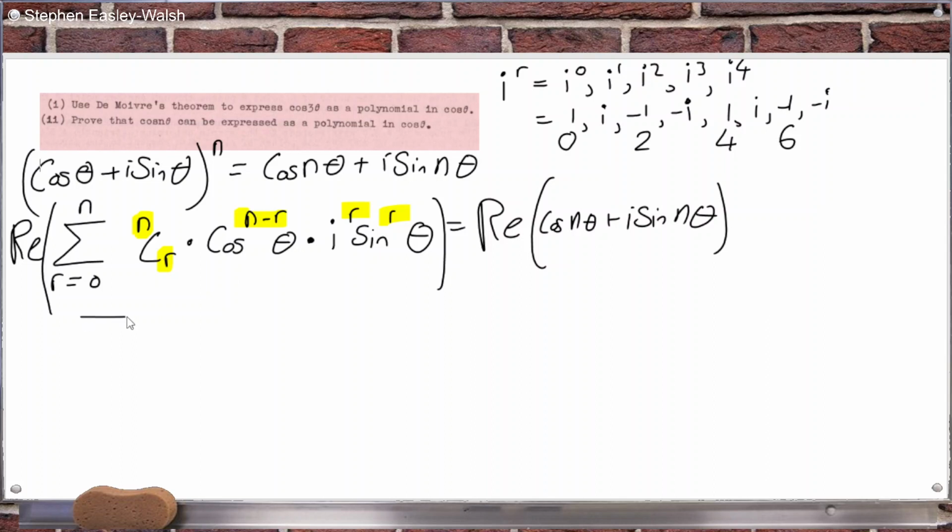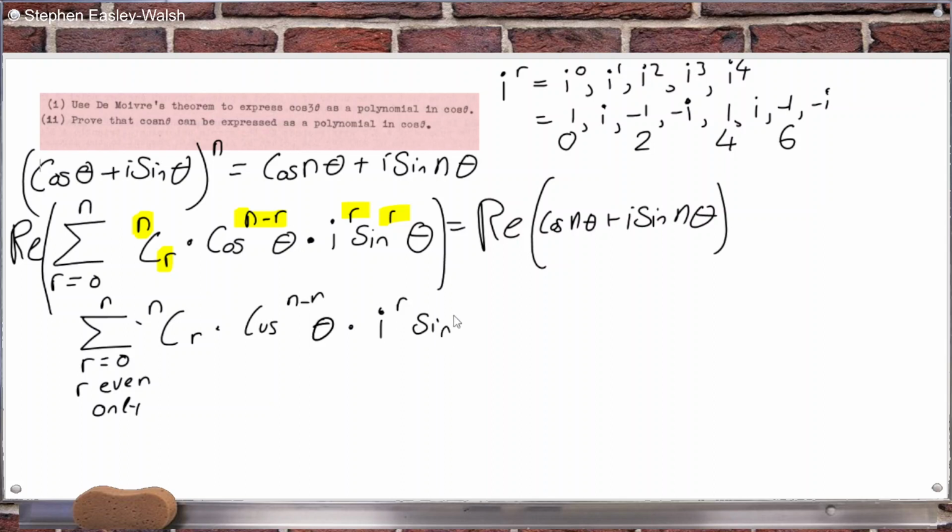So this becomes the sum where r is 0 to n, but also r is even only, so you skip the odd ones. That's nCr times cos to the n minus r of theta times i to the r, and then sine to the r of theta, equals cos n theta.